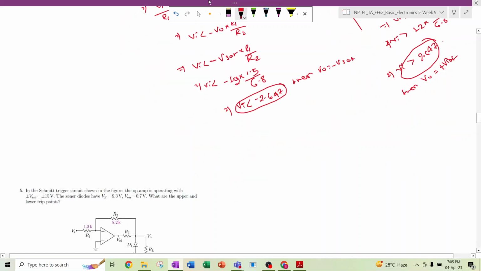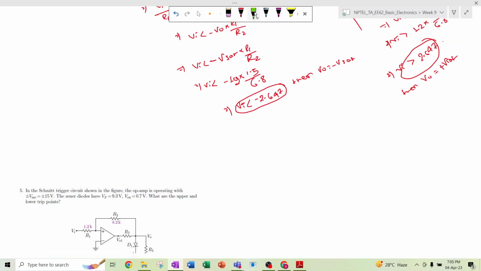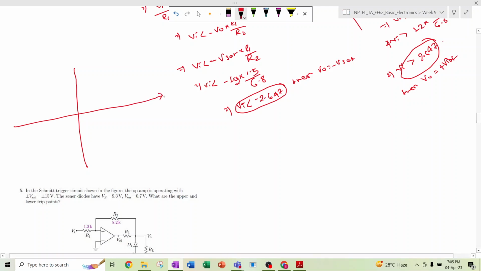So if we plot this curve, the transfer characteristics curve, suppose this is Vi and this is VO. What is the first condition?